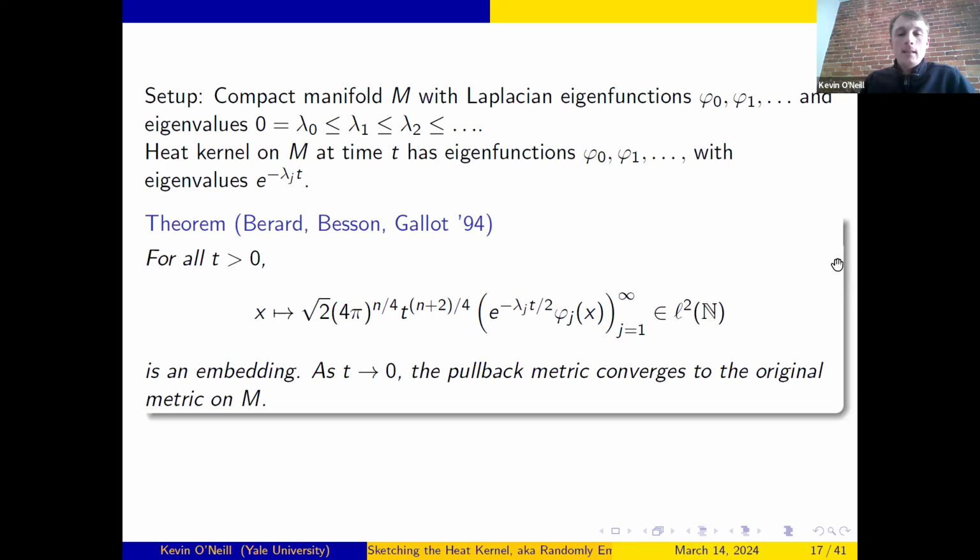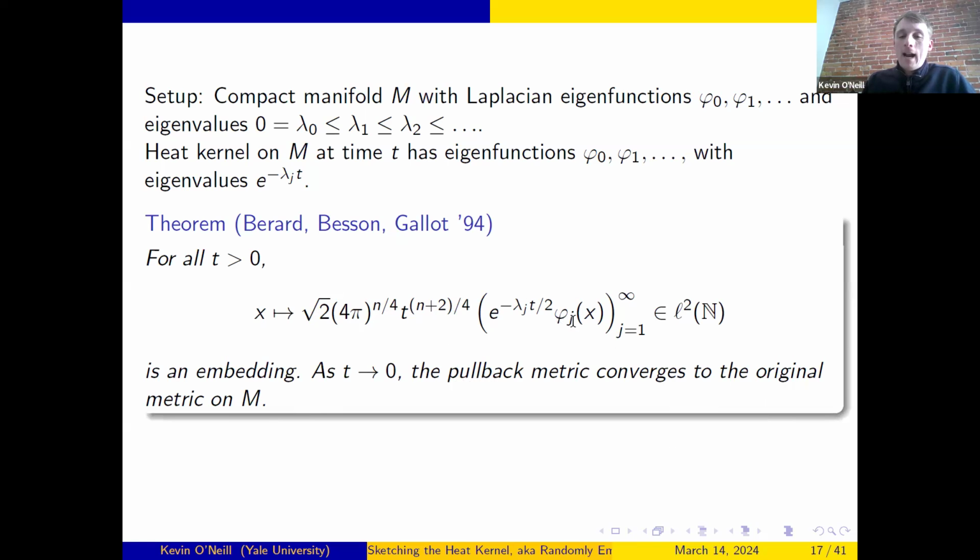So what this theorem says is that if you do something that looks a lot like diffusion maps, then you get an embedding, and the metric in the embedding is going to converge to the original metric on your manifold. Okay, so what is this? Ignore everything here, which is just constant, just normalization.